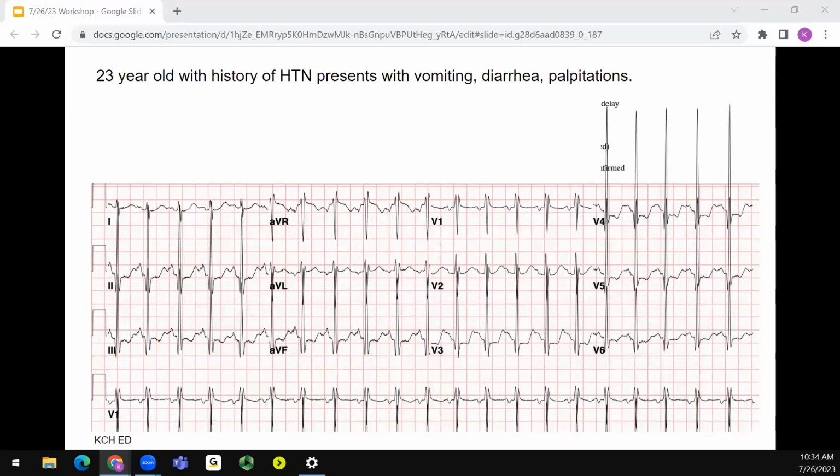So what do you see here besides long QTc? U waves. They kind of mimic ST depressions here, but I think these are U waves and there's an upright T wave riding on top of the P wave. So you can see them here: U wave, T wave, U wave, T wave.